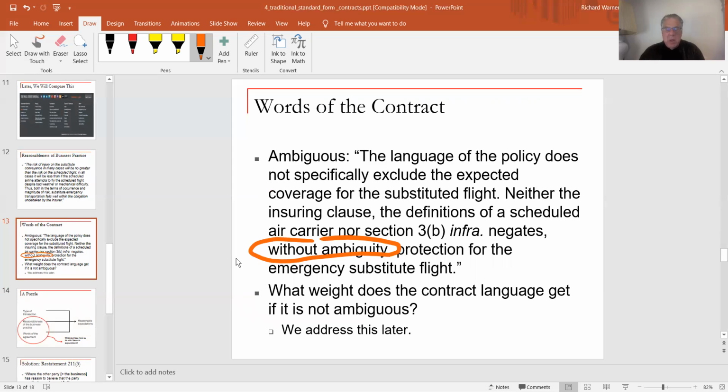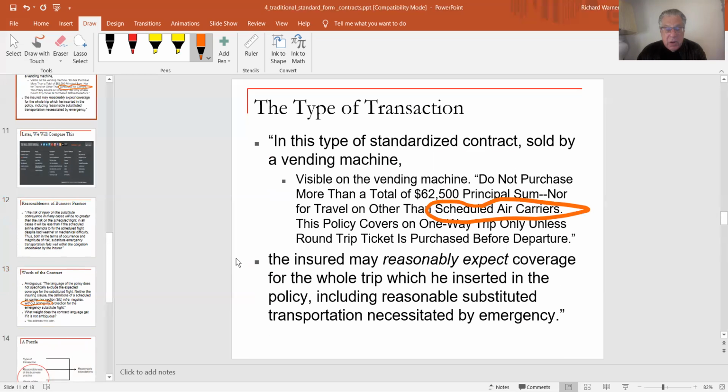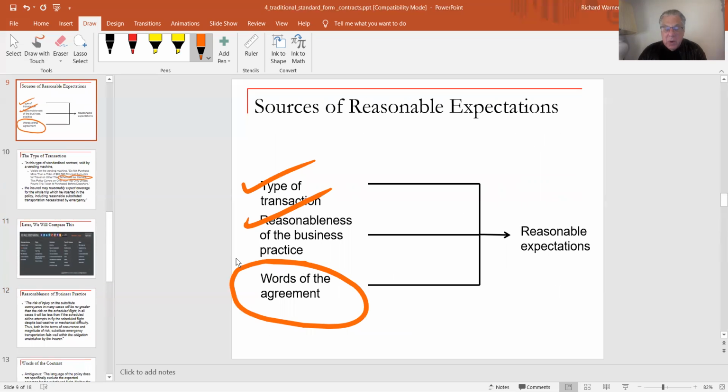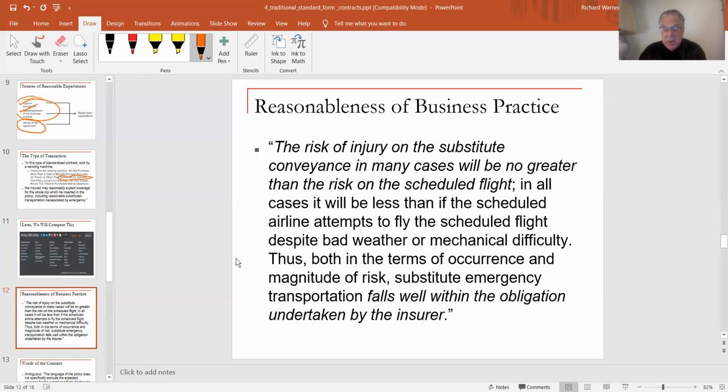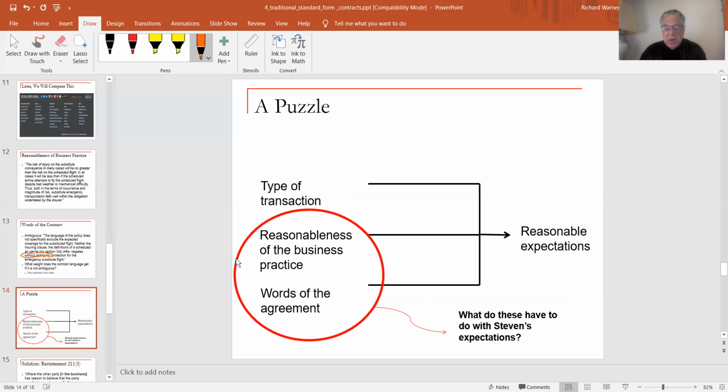So the words of the contract are not decisive, and our other two considerations weigh in favor of Mr. Stephen. So the court holds he was covered. He reasonably expected coverage, and that's not negated by the contract, so he's covered.